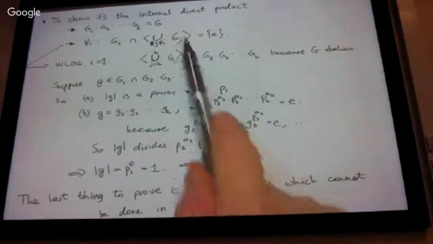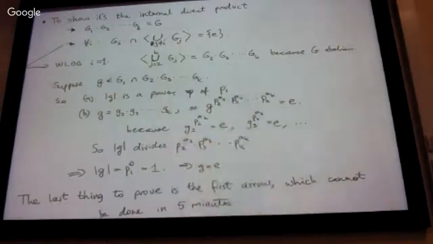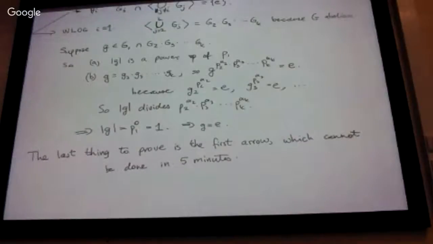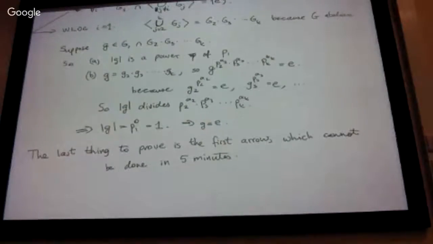Right? And what are all the other elements? Well, it's those guys. So we proved that second arrow, and what was left to do is that first arrow, and I can't remember how it goes. There's probably something somewhere here. So we're proving the first arrow.